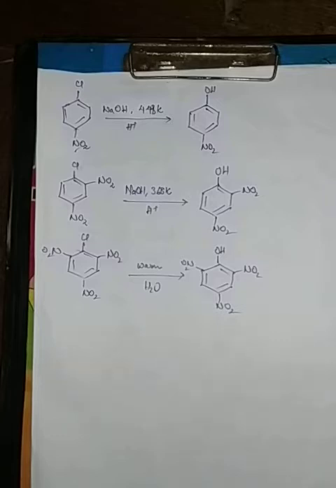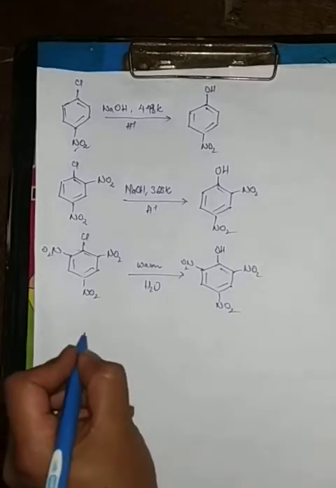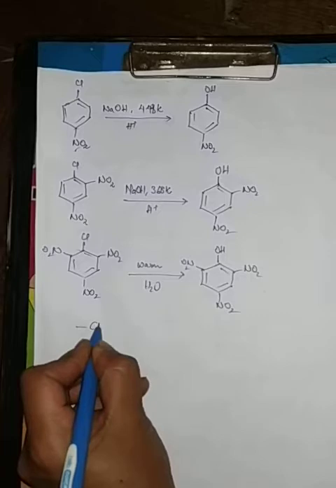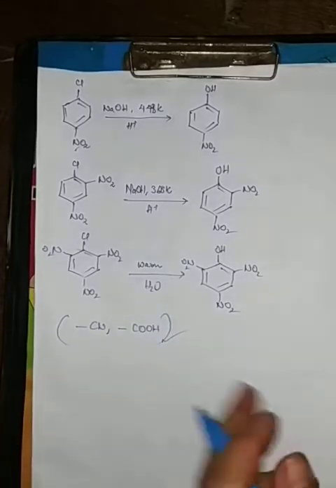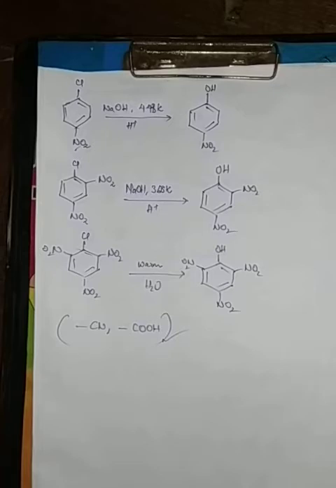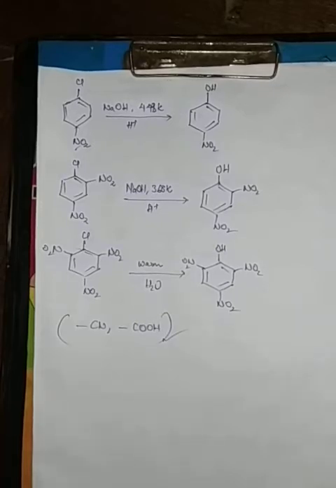The presence of other electron withdrawing groups such as CN and COOH will also activate the halogen atom on the benzene ring and make the nucleophilic substitution reaction easier.